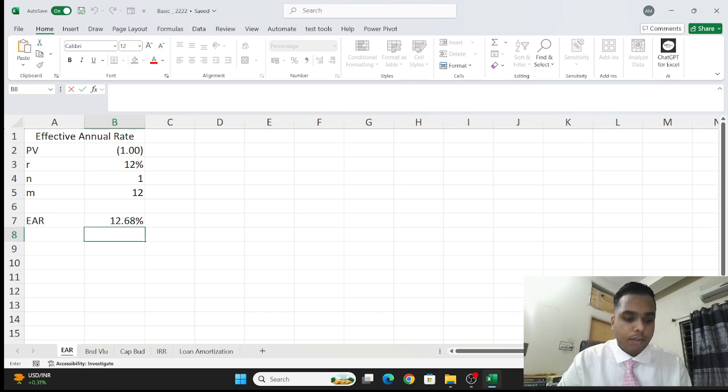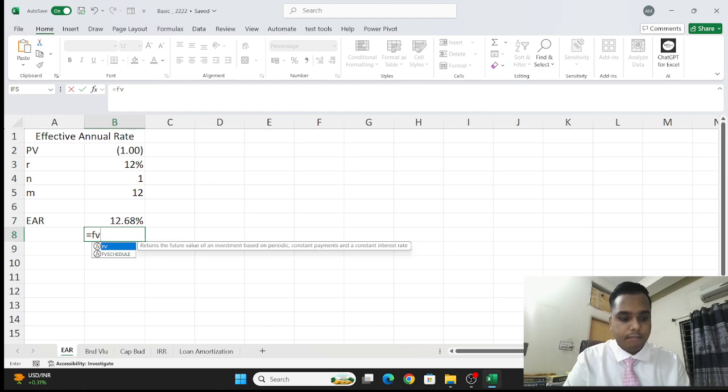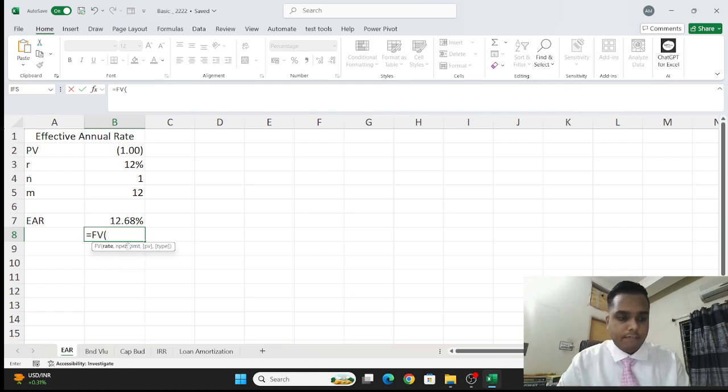So that's why we will have to write the formula as equal FV. When we are asked to find the EAR in Excel, we have to write equal FV to find the effective annual rate. We type FV, then click on tab.